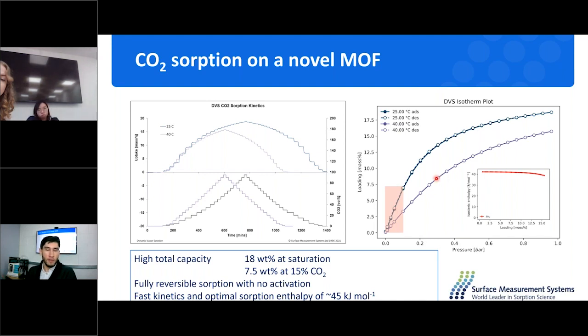We also see one very nice thing, which is that the isotherms are completely reversible. So in theory, this material would not even need an activation, just a pressure swing or mild activation conditions. Just switching one stream to another would completely clear CO2 from the adsorbent.